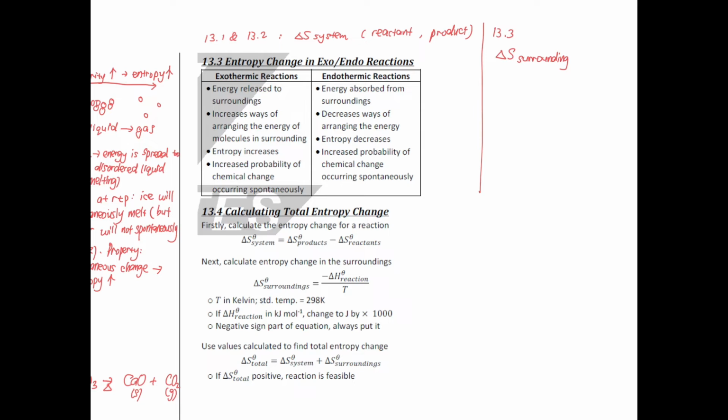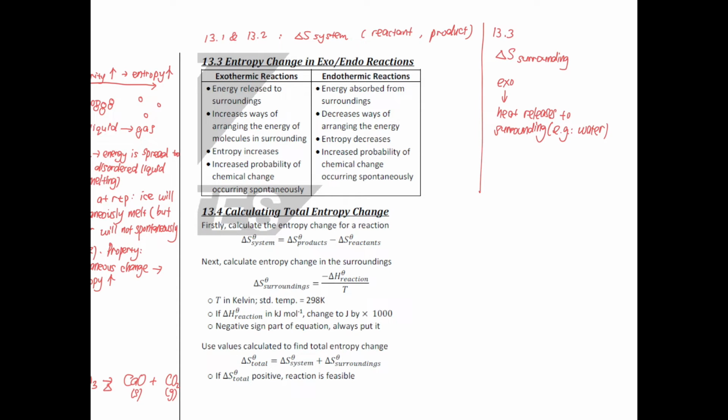Now let's see something that we are familiar with. For example, exothermic reactions. Exothermic reactions, we know long time ago, this is heat released to surrounding. So the surrounding is what? For example, water.